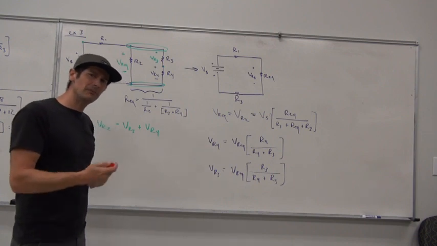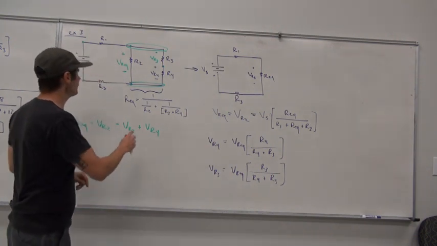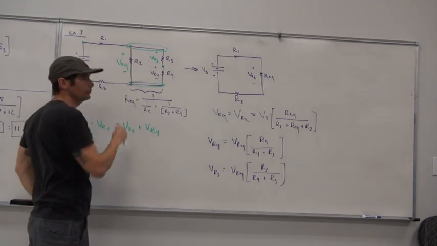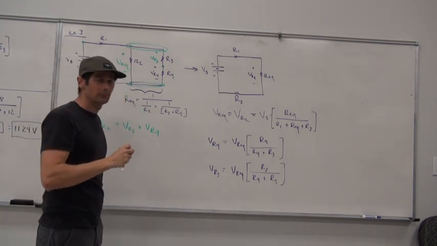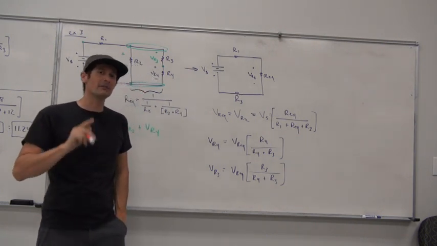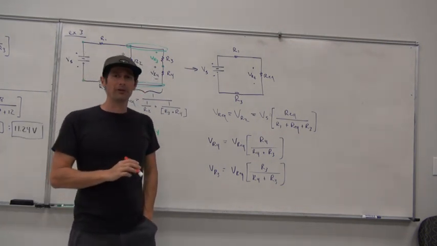So what that really means for us, guys, is that whatever voltage we find between these two common points here, remember, voltage is potential difference, and that potential difference can exist between any two points within a circuit.